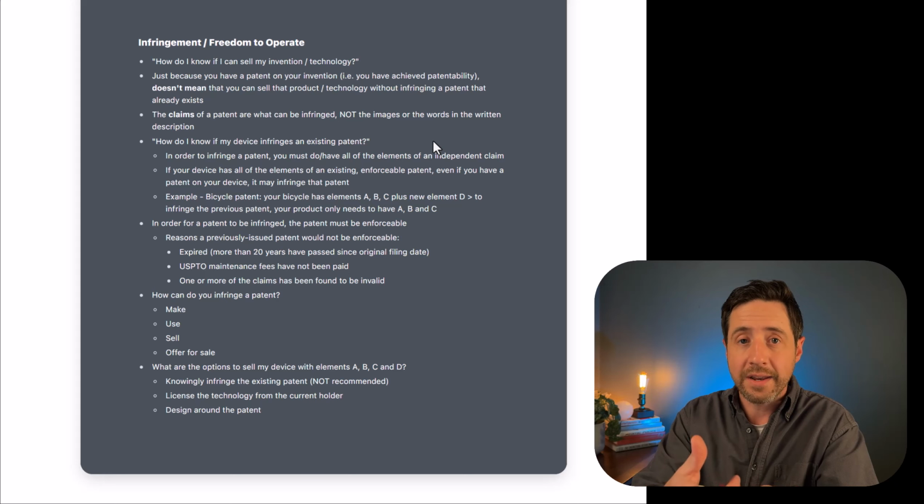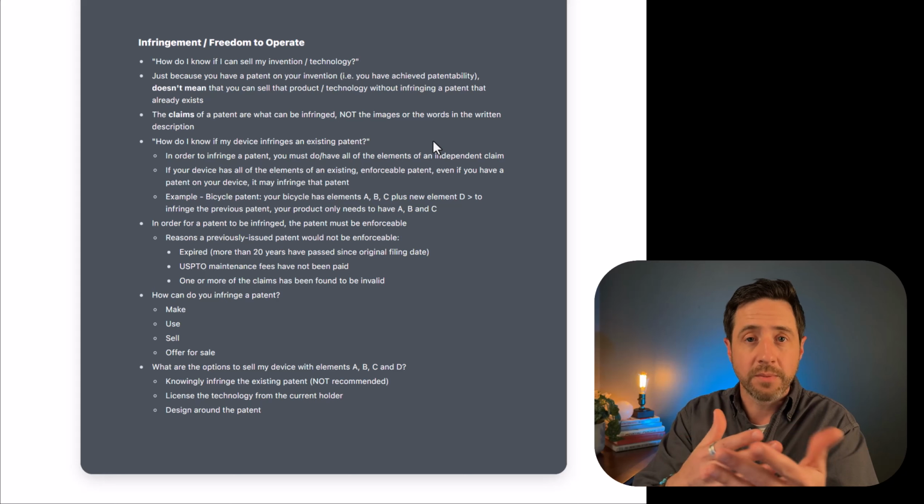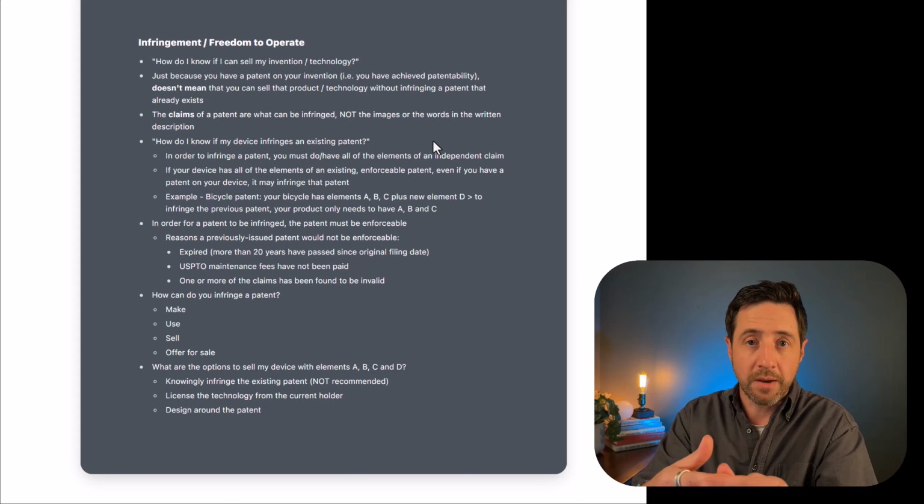Now you've added element D, which allowed your invention or your idea to be patentable over the prior art. The prior art is just a fancy legal term for what is out there in the public domain that's already known. So you added element D in order to become patentable over the prior art. But again, that doesn't mean that you could practice that necessarily.